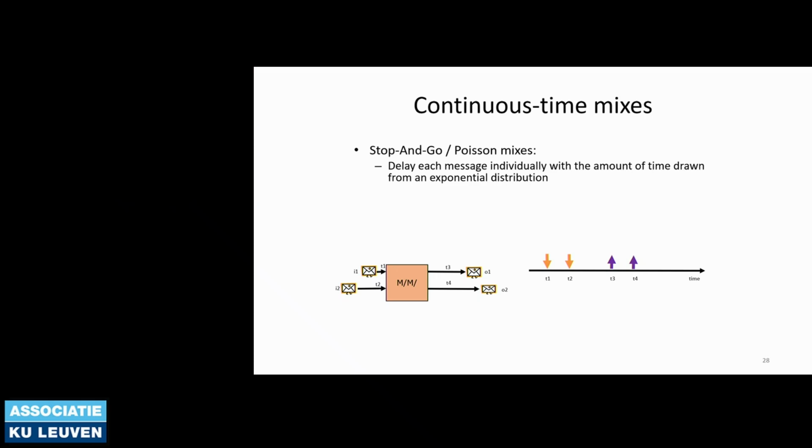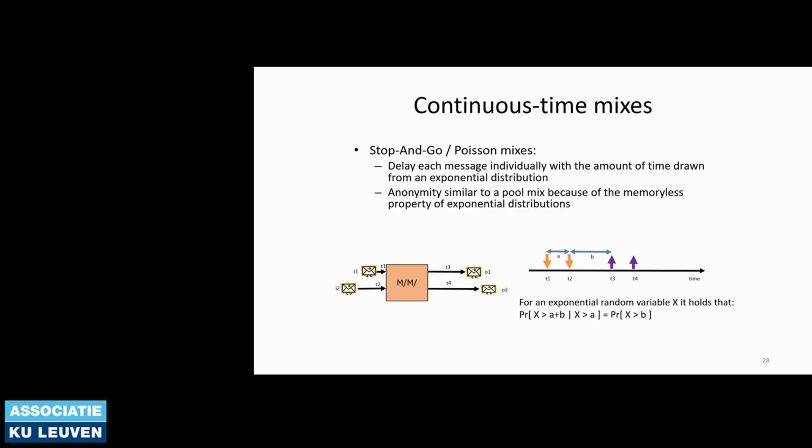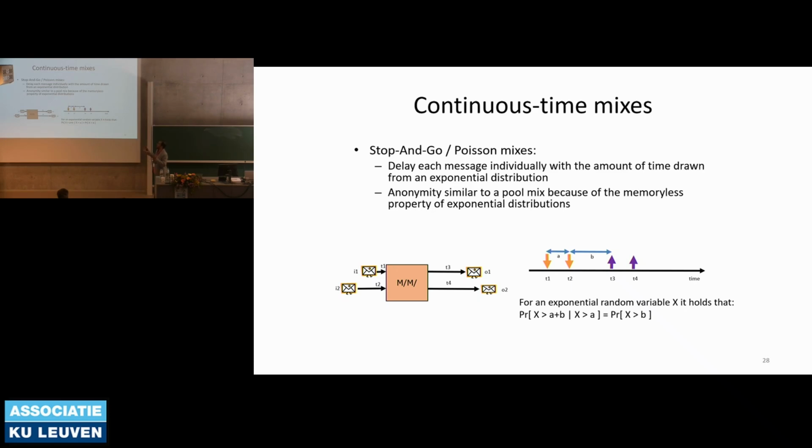And since you are adding a predictable delay, which is from a probability distribution, you can also make the end-to-end latency predictable. So your end-to-end latency is predictable, and you have mixing with some guarantees.